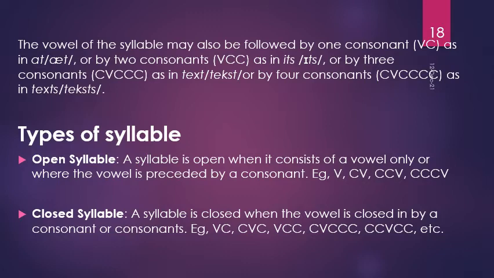The difference between an open syllable and a closed syllable is that an open syllable can be either a vowel or a consonant and vowel. That means the consonant comes before the vowel. Whereas in a closed syllable, a consonant sound comes after the vowel to close in the vowel sound.